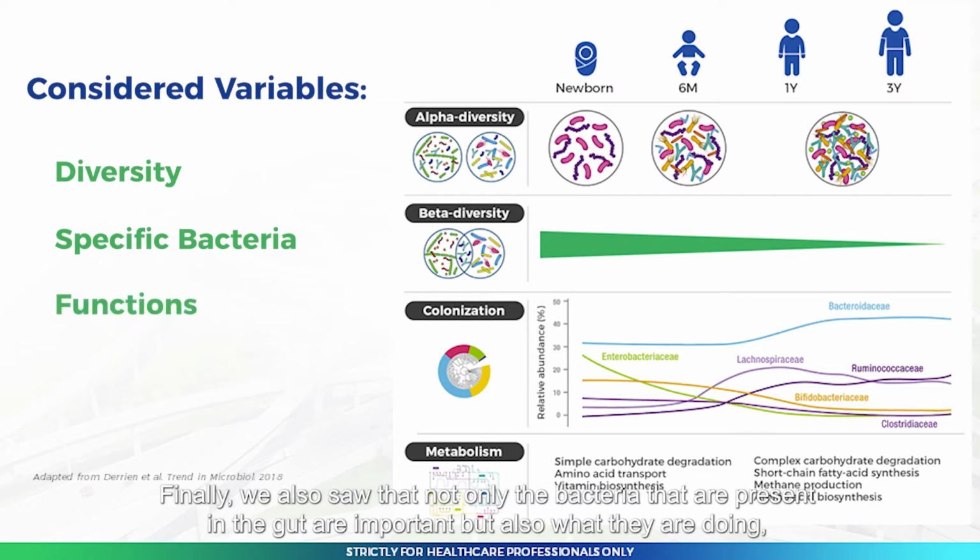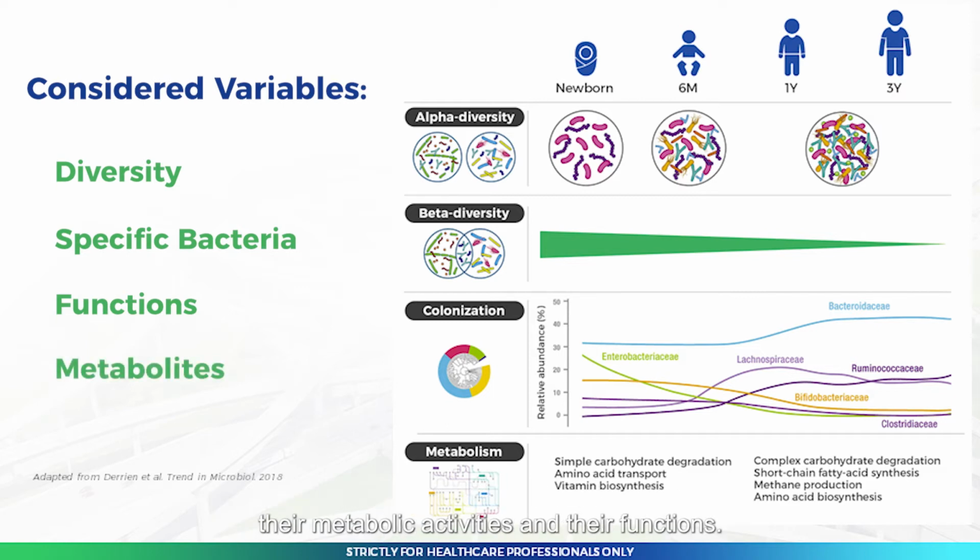Finally, we also saw that not only the bacteria that are present in the gut are important, but also what they are doing, their metabolic activity and their functions. So to create one trajectory is quite tricky because we need to capture all those factors that are important for the development of the child together.